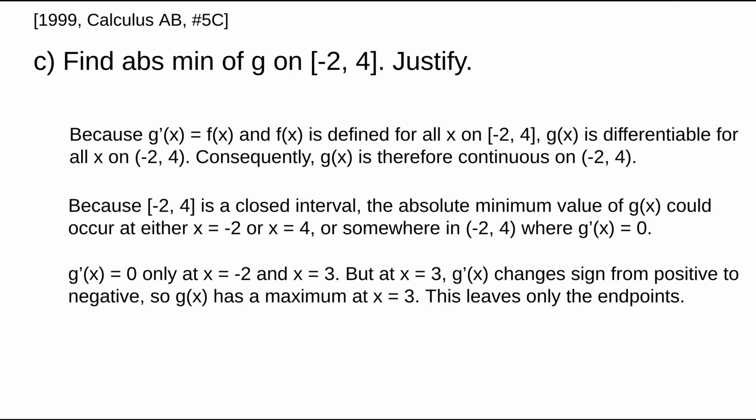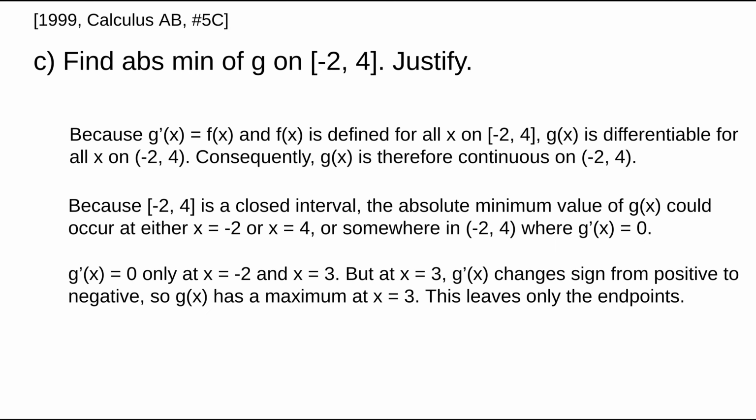Well, it only equals 0 when f of x equals 0, which is at x equals negative 2 and x equals 3. However, if you look at the graph at x equals 3, g prime of x changes sign from positive to negative, which means that g of x would have a maximum value at x equals 3. We are not looking for a maximum here, we are looking for a minimum, so 3 is not our candidate.